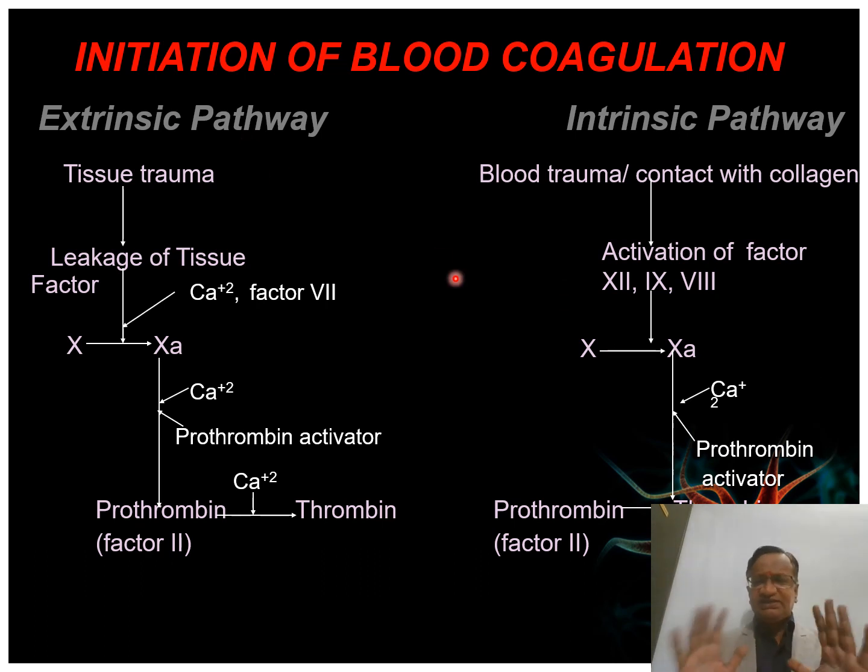Now, this is very basic. What I want to tell is the extrinsic pathway and the intrinsic pathway. There is tissue trauma. Here there is contact with collagen. This is about calcium, factor 7, and 10 becomes 10A. This 10 to 10A is the common pathway. Here it is basically 7. Here it is basically 8 and 9.